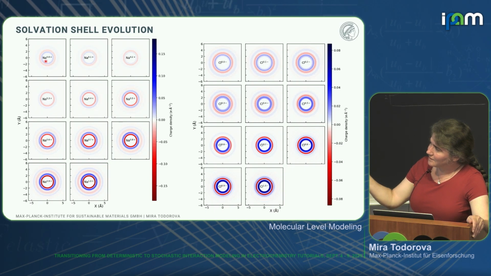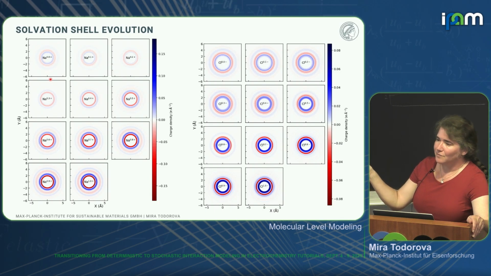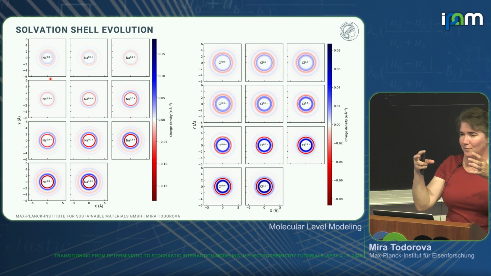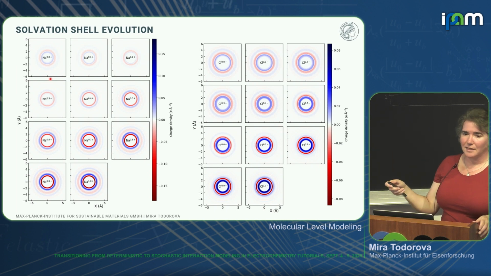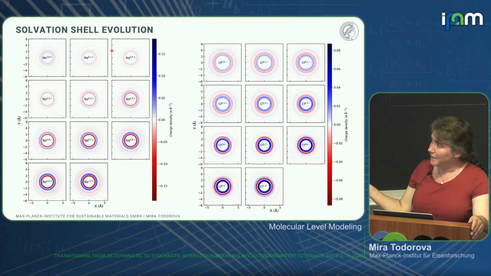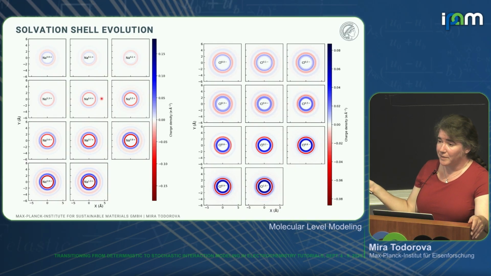And you can see that as we change the charge, there is some reordering simply because we interrupt the hydrogen bonding network. But as we begin to increase the charge, you see that first the first solvation shell becomes really very pronounced, and then also a second solvation shell is built up.